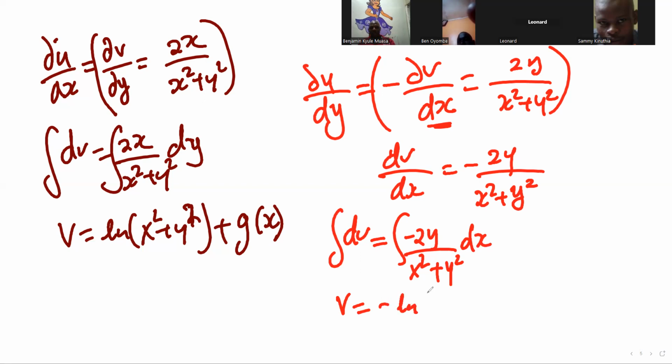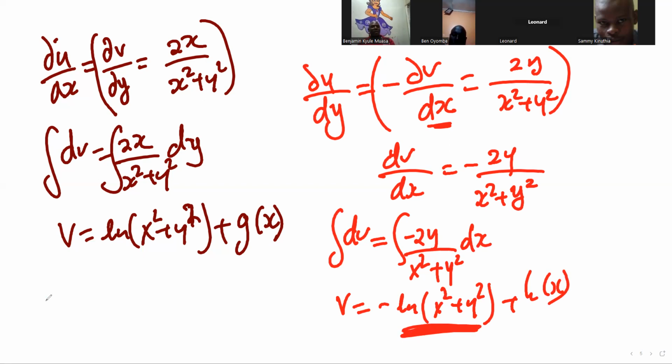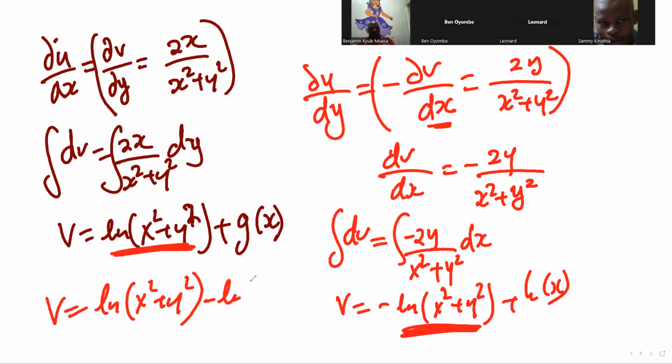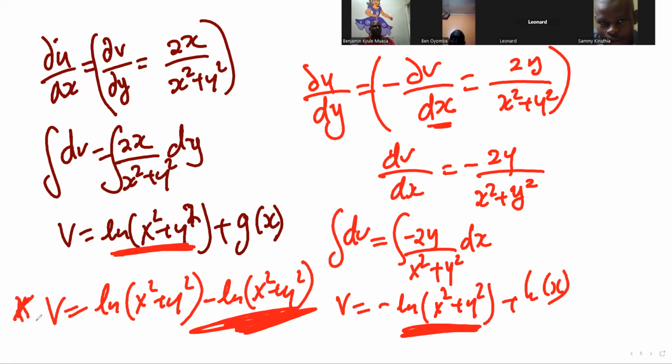Minus ln of x squared plus y squared plus something like h(x). But I have to check whether it's true, because v of course should have this part here. This part is okay. It must have ln of x squared plus y squared, and then we say that this part here is minus ln of x squared plus y squared. But I have to check whether it can work. I'll check that one, then I'll tell you the last part tomorrow.